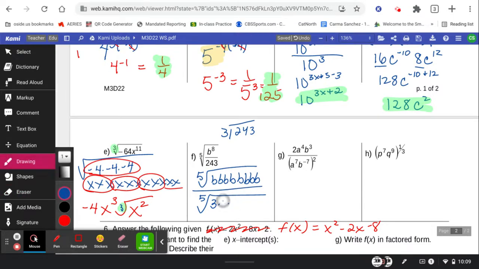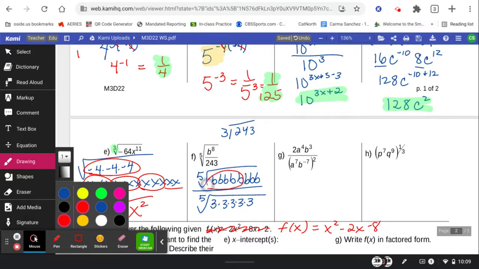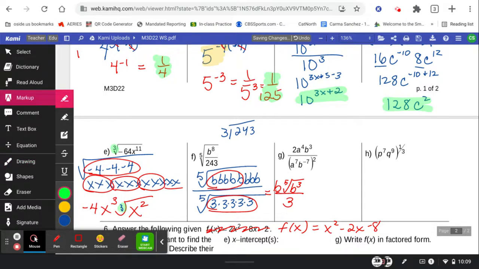Well, 9 could just be another 3 times 3 and another 3 times 3. So looking for groups of 5, 1, 2, 3, 4, 5. I got a B that comes out and 3 that stay under, and this whole 3 comes out. So I'm going to get B, 5th root of B cubed, and I'm going to get a 3 on the bottom. The whole 3 comes out.